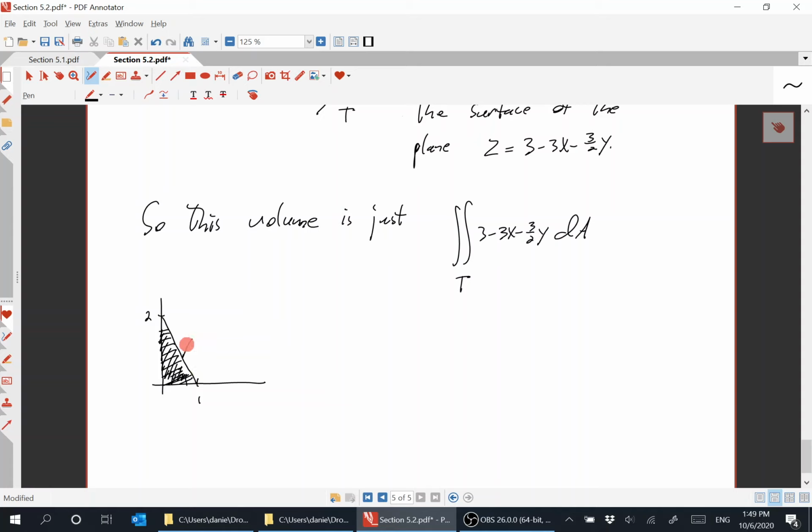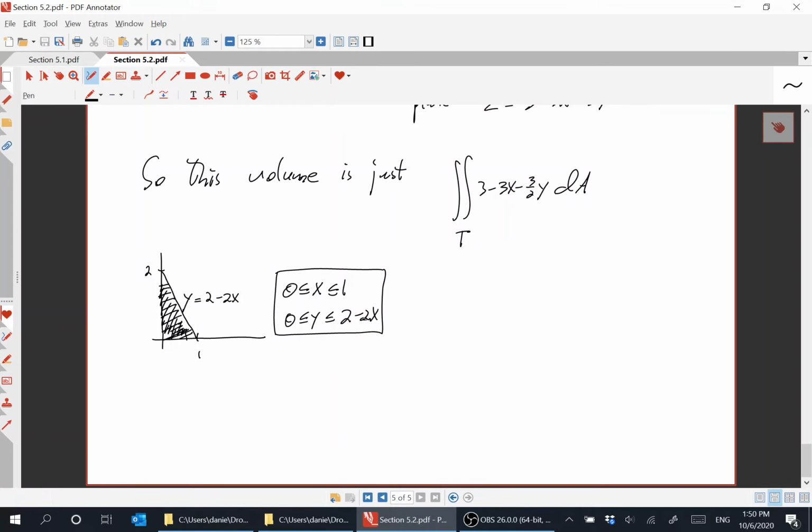But this is the line y is equal to, and what's the slope here? Minus 2, minus 2x plus 2. That's 2 minus 2x. So this is 0 less than or equal to x less than or equal to 1, 0 less than or equal to y less than or equal to 2 minus 2x. Right, so that is a type 1 region.